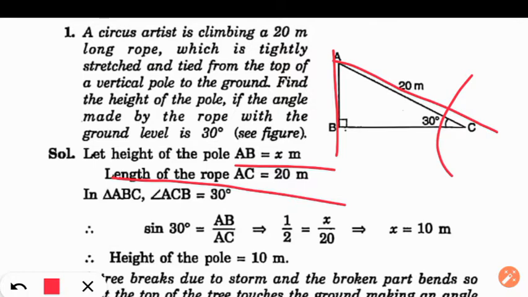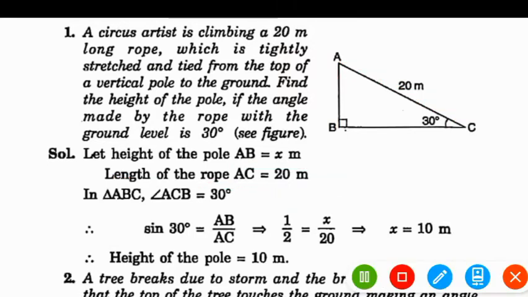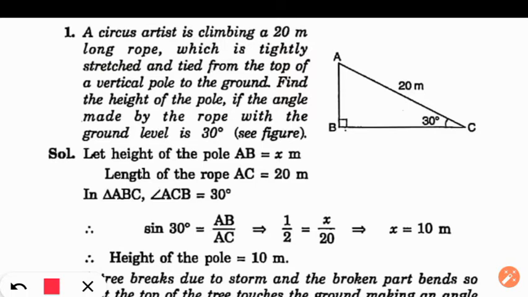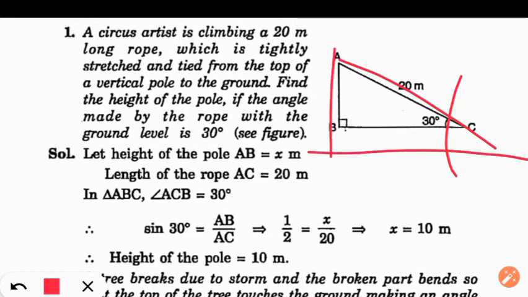So, we will consider the unknown one with the known one, that means AB and AC, right. As I told you in the introduction of trigonometry, trigonometry is nothing but the measurement of angles and sides. Now, you know one angle and you know one side. So, with the help of this information you can find AB or you can find BC as well, but in this question we need to find AB only.